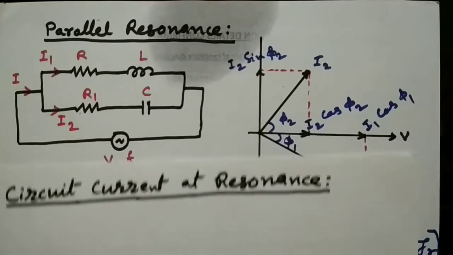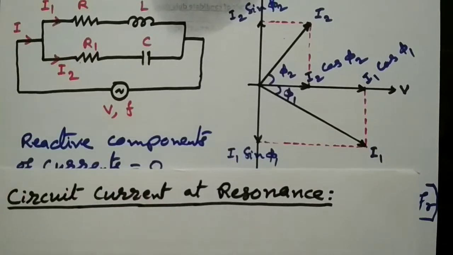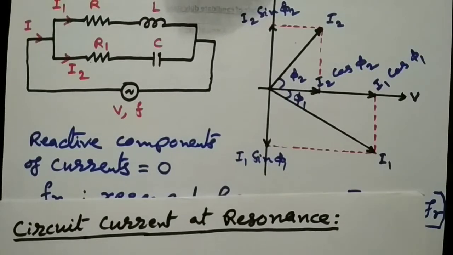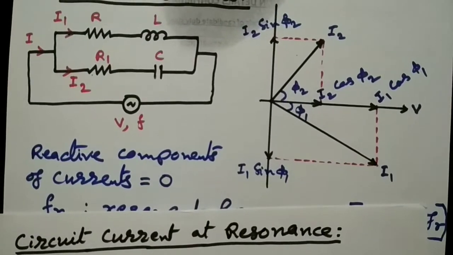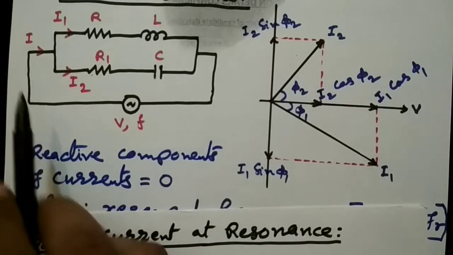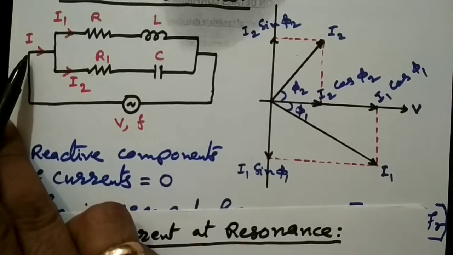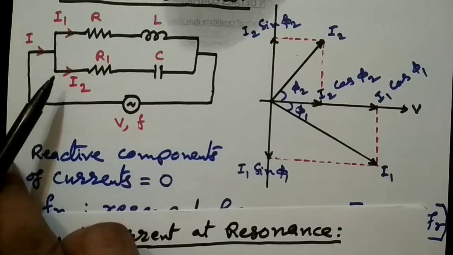Now try to find the net circuit current of a parallel circuit at resonant condition. If we see the circuit and corresponding phasor diagram once again, here we can see that the net circuit current is I and it has two components, that is I1 and I2.